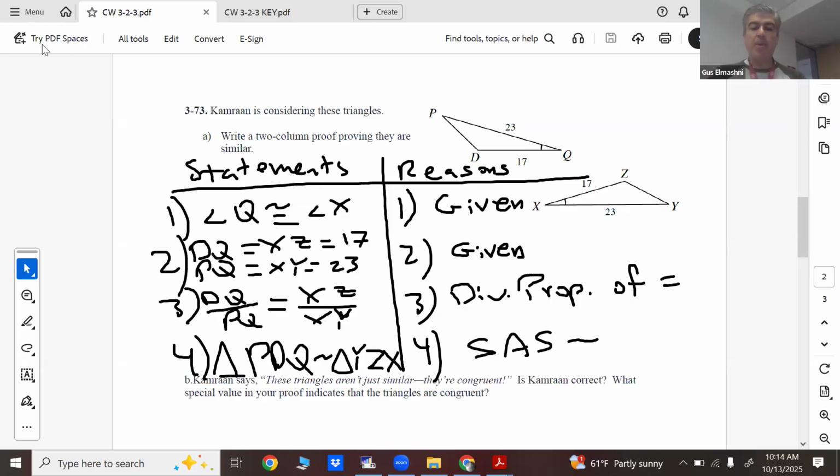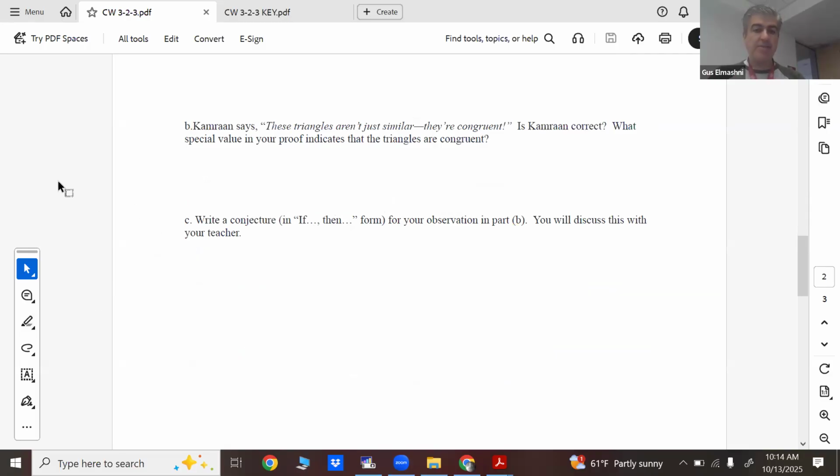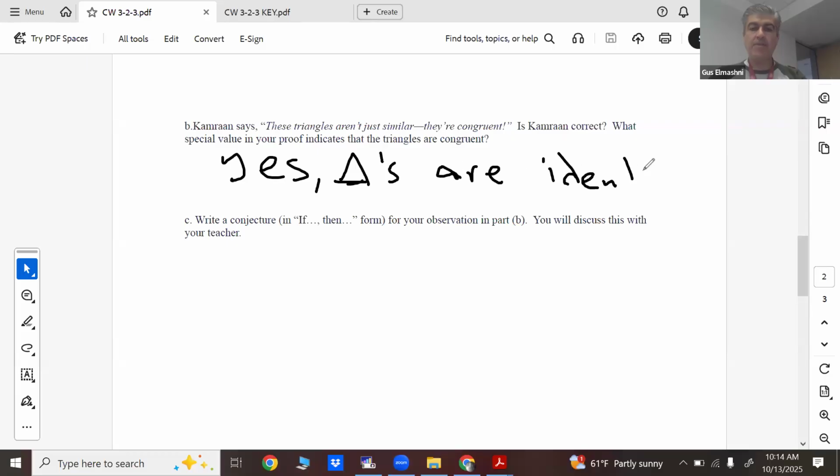So now, for part B, Cameron says these triangles aren't just similar, they're congruent. It means that they're the same. And yeah, I'd say yes, I'd say Cameron's correct. The triangles are identical.